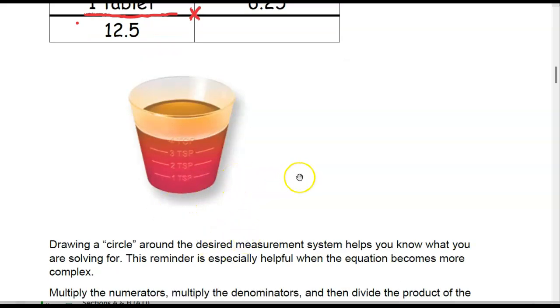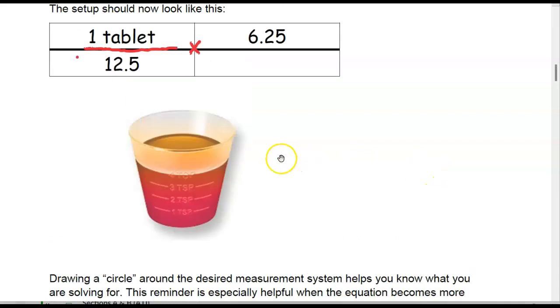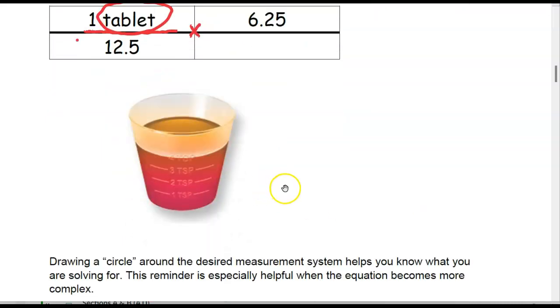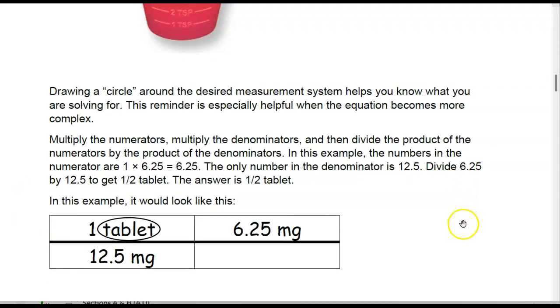Drawing a circle around the desired measurement system helps you know what you are solving for. This reminder is especially helpful when the equation becomes more complex. As I did here, this will remind you of what you're looking for. You multiply the numerators, multiply the denominators, and then divide the product of the numerators by the product of the denominators.